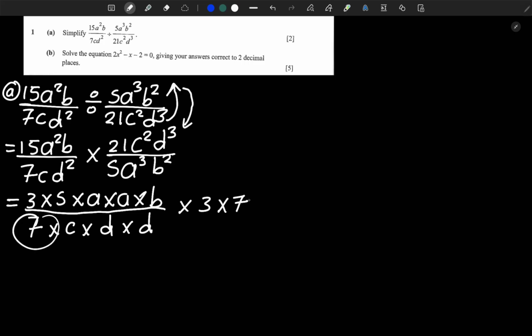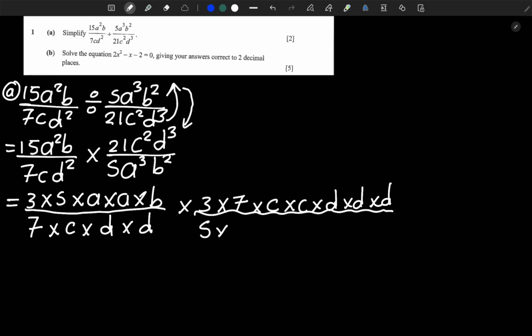At least 7 will be common here, we can cancel. Then multiply by c times d, another d since we have cubed, over 5 times a times a times a times b multiplied by b. Then at this point we can cancel.